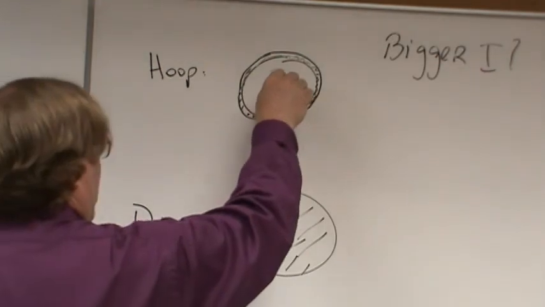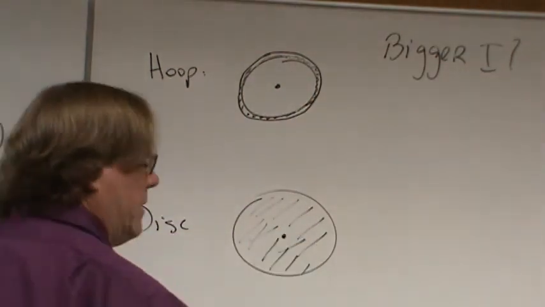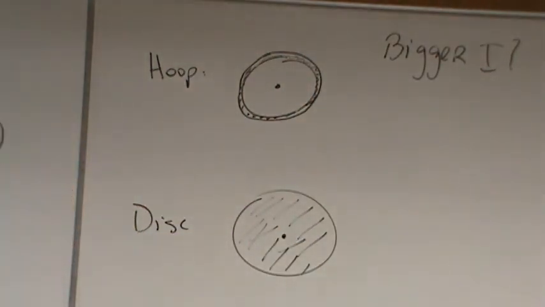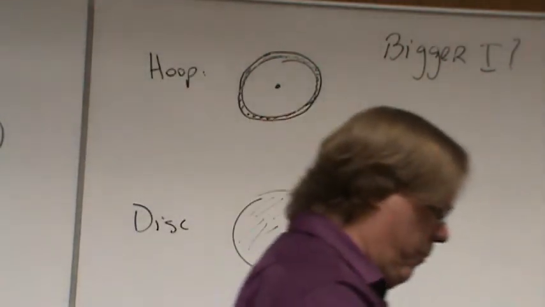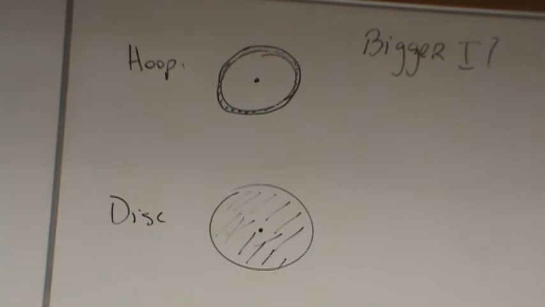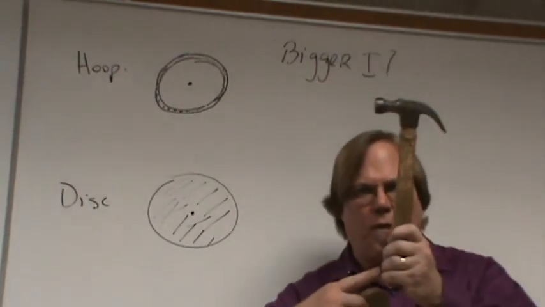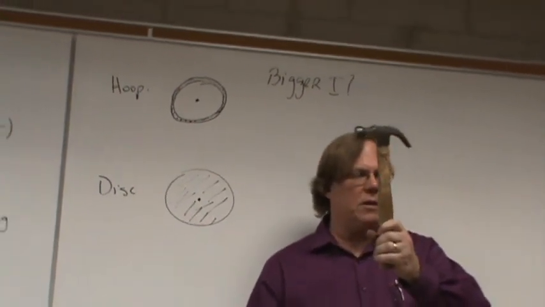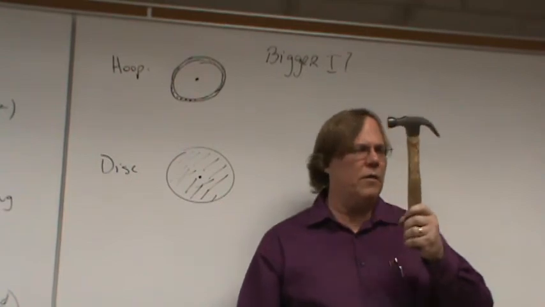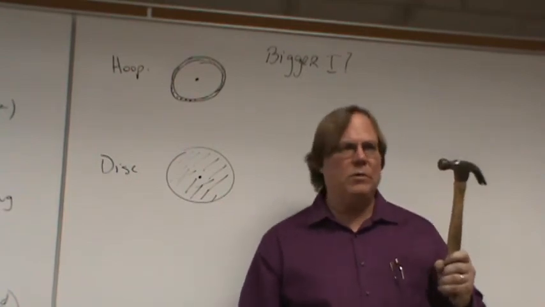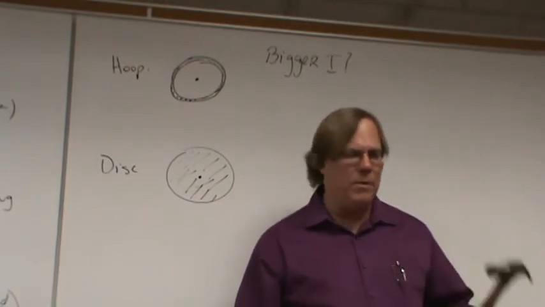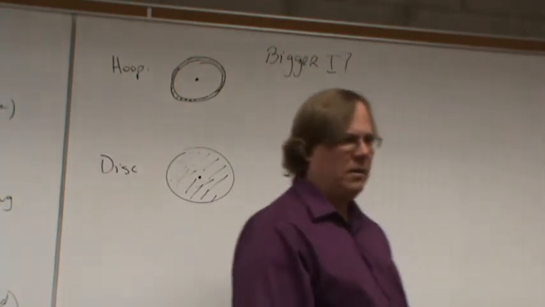Yeah, in the middle, right? I want to remind you, big rotational inertia means that the mass is distributed far from the point of rotation. So you're always going to ask yourself, which of these has most of its mass distributed as far from the point of rotation as possible?